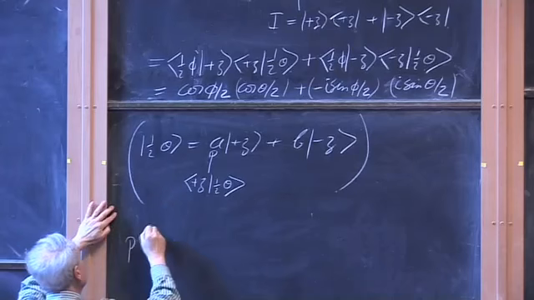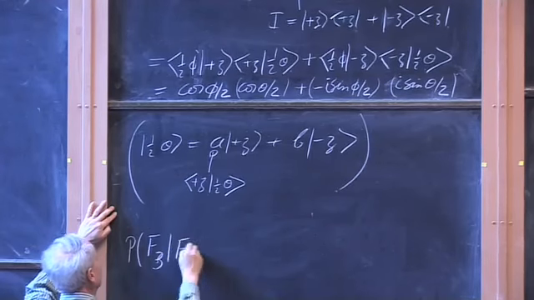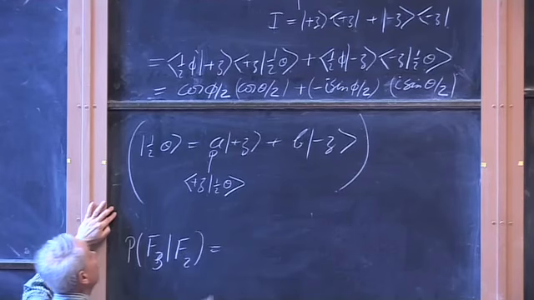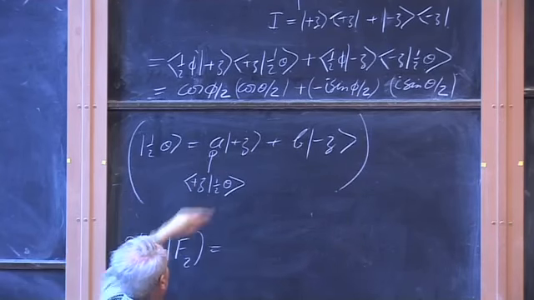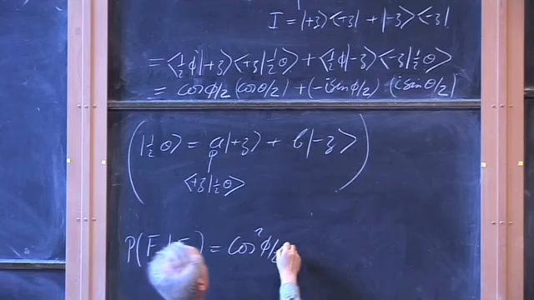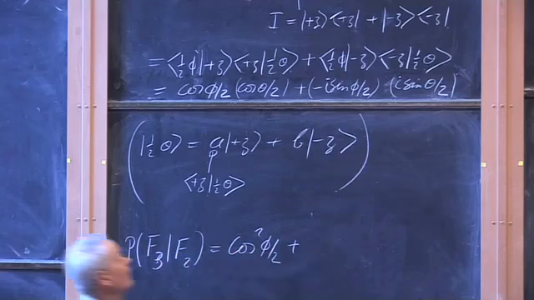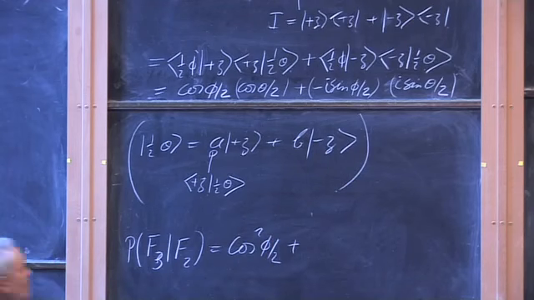So the probability that we get through F3, given that we got through F2, is going to be cos squared phi over 2 plus, because that minus sign and that i and the pair of i's make a plus sign, sine squared theta at phi.